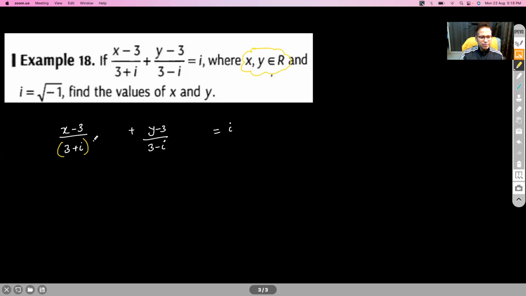Now, what do we do here? We multiply and divide each side of the numerator and denominator with the conjugate of the denominator. So the conjugate of 3 plus i is 3 minus i. So we multiply 3 minus i in the numerator and denominator both. And let's do the same operation here as well. Now take this as a hint. Proceed further.